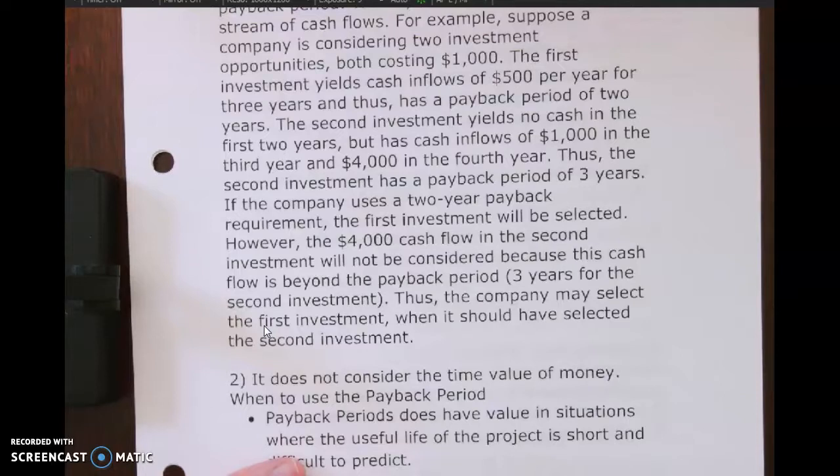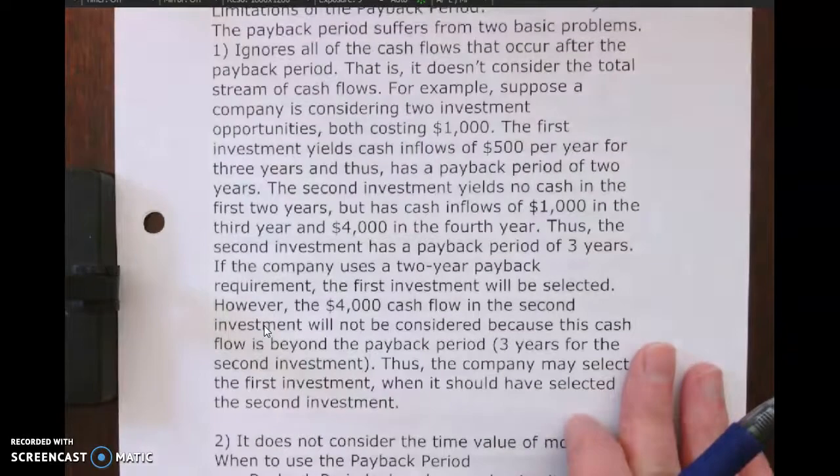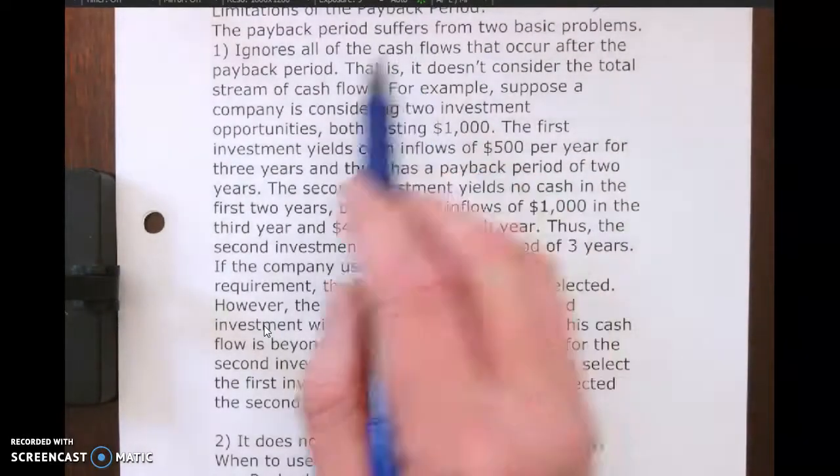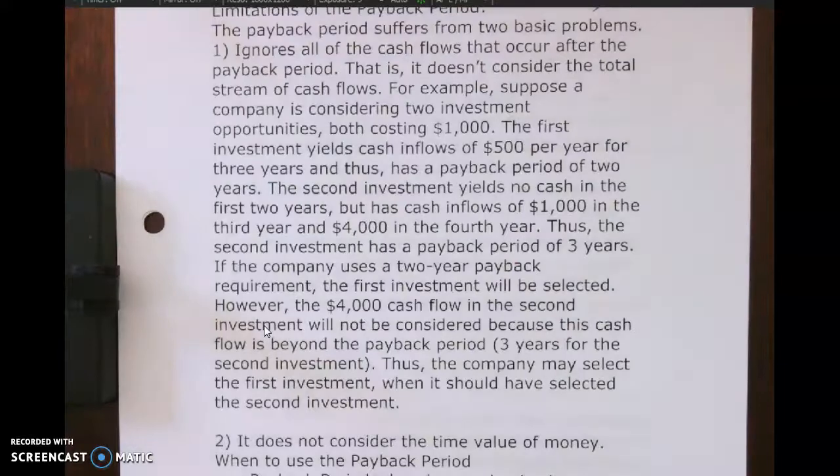All right, so it doesn't consider the fact that we need to put our cash inflows and our cash outflows both in present value terms to really have an apples to apples comparison. It doesn't do that. So that's partly why it's more of a simplified approach. The other thing is it ignores cash flows that occur after the payback period.